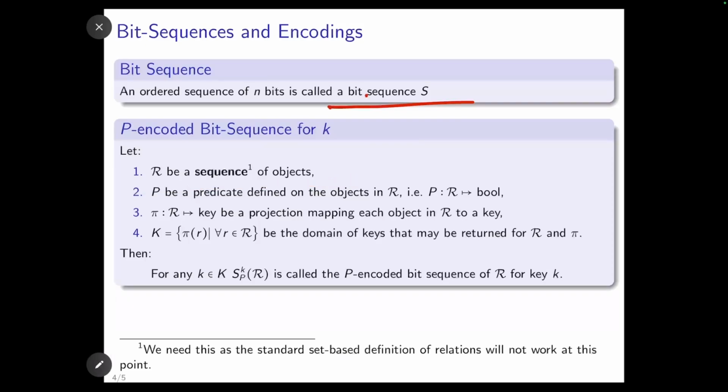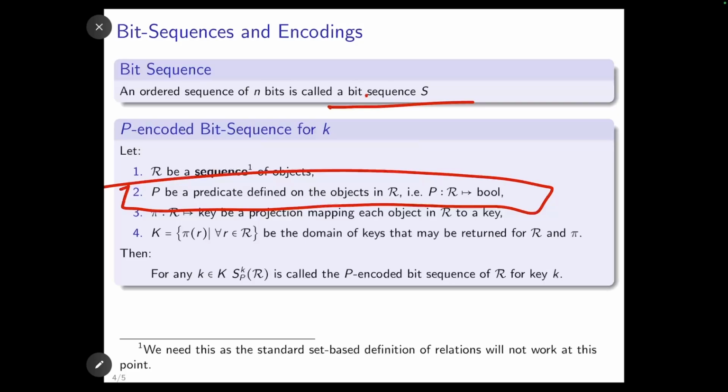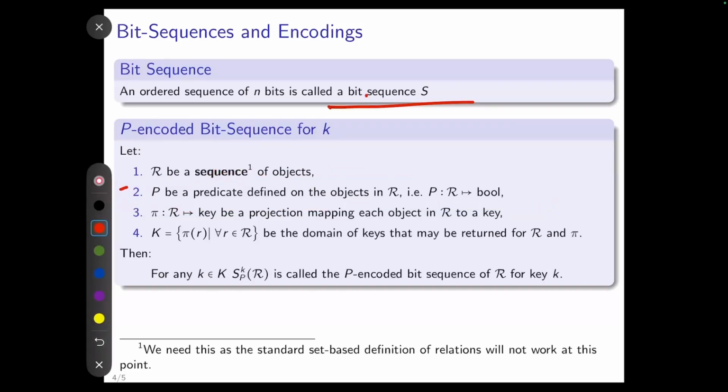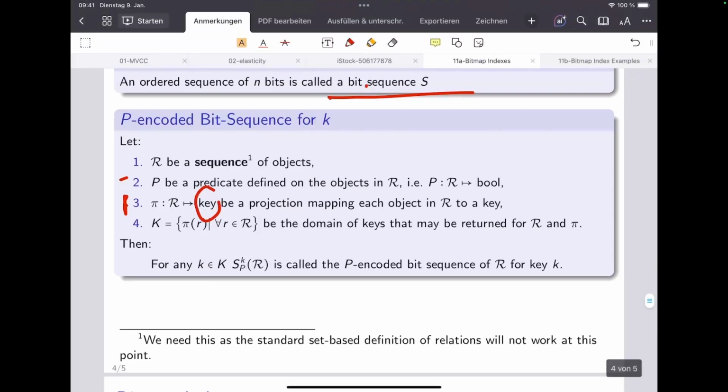Then we need a predicate that should be defined on those objects in R. And then we need a key projection, I need a projection projecting such an object from the sequence to a specific key. And then I need the domain of those keys. Maybe we start with an example to first show you an example. That's always easier, I think.